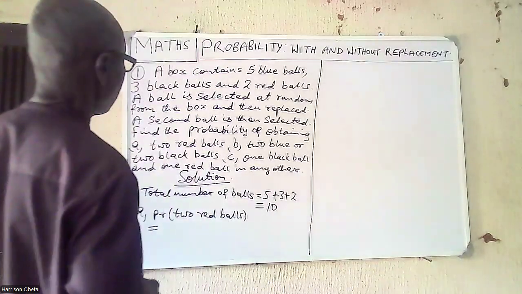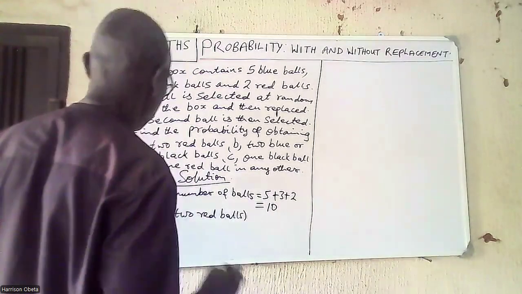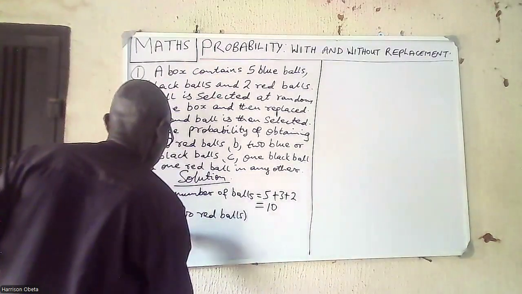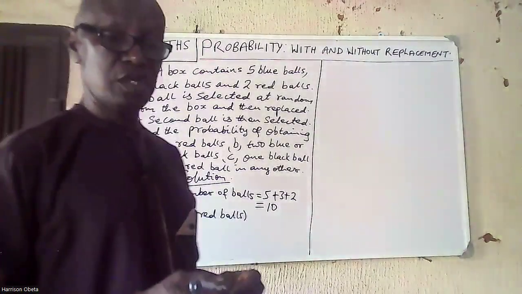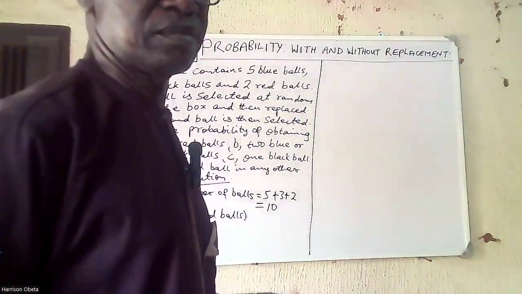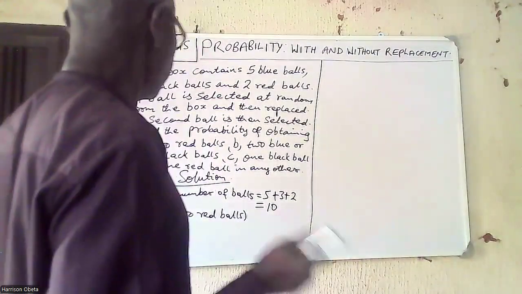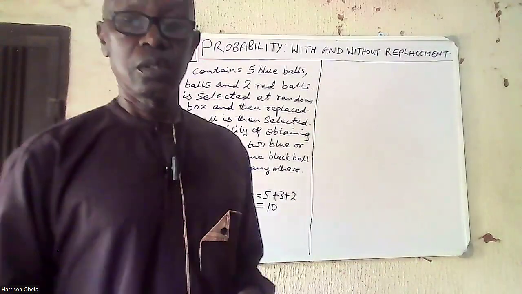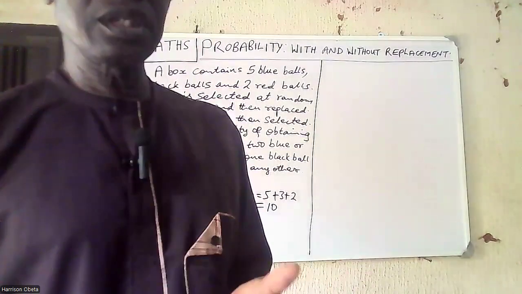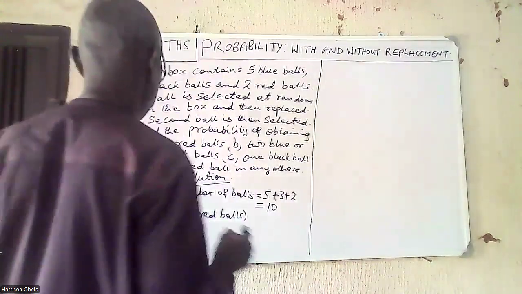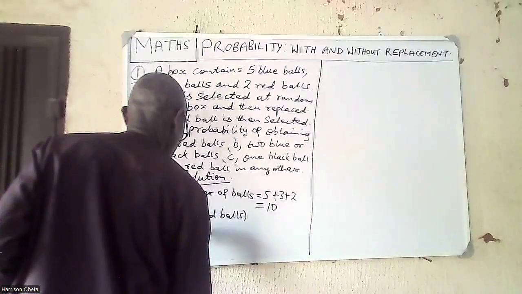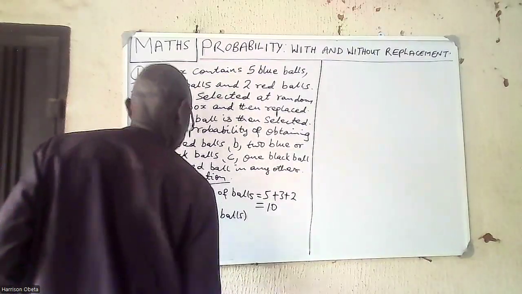So the probability of picking the first red ball is 2/10, because in the box, we have 2 red balls and you can pick any of them. Since we pick and replace, we are still going to have 10 balls in the box. So the probability of picking the second red ball is also 2/10.